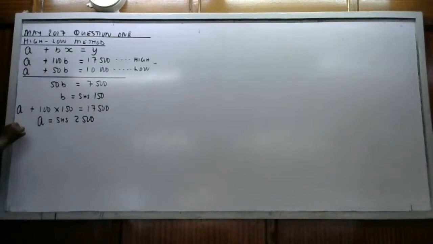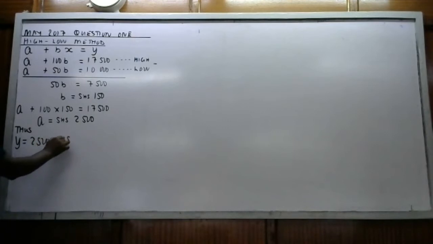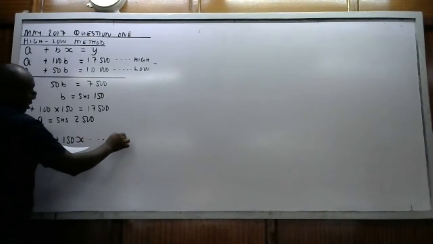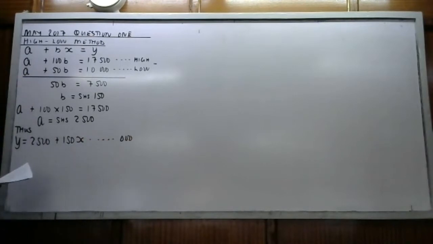So thus, Y is 2,500 plus 150x. Remember, this equation is in thousands. The figures we have used were in thousands.